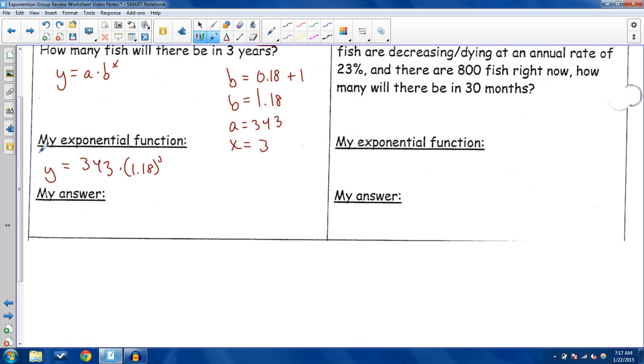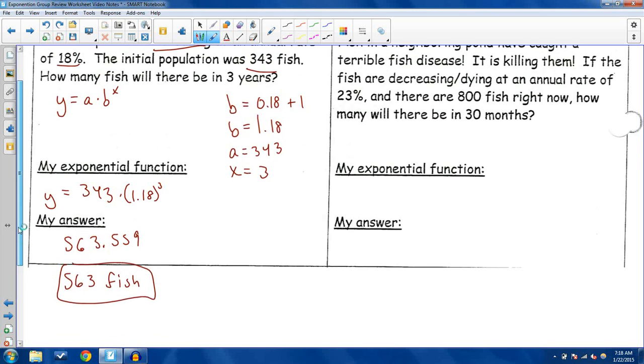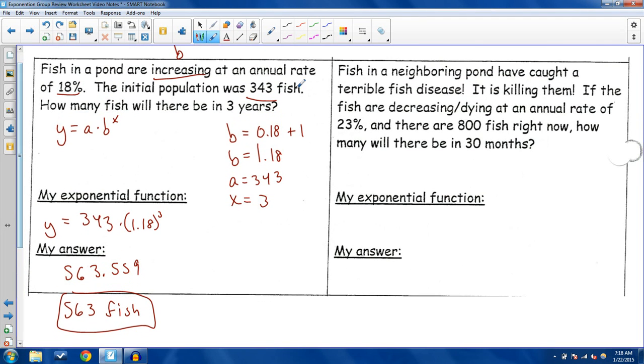Okay, so I get 1.64 something. Multiply that by 343, and I now have 563.559, etc., something like that. Fish. Round to the lower fish in this case. How many do you have? You can't say you have 564 fish yet, because you don't. You currently have 563. The 564th is on its way, but it's not there 3 years later.